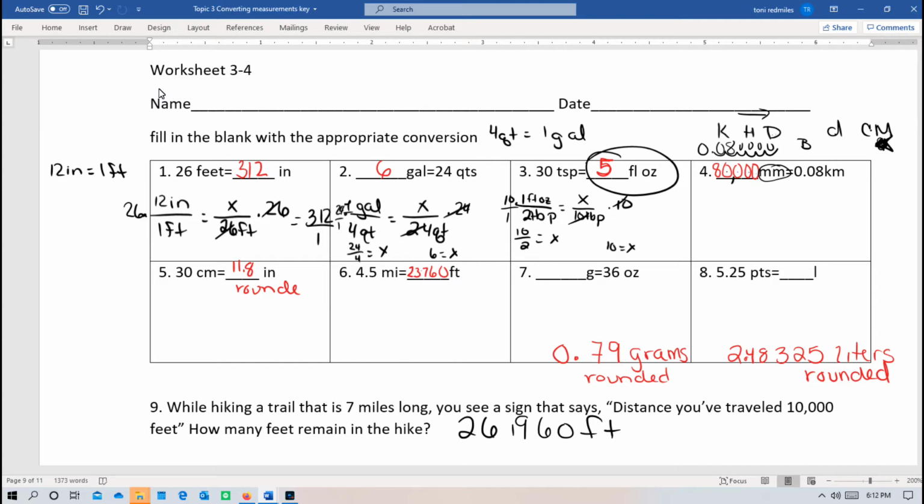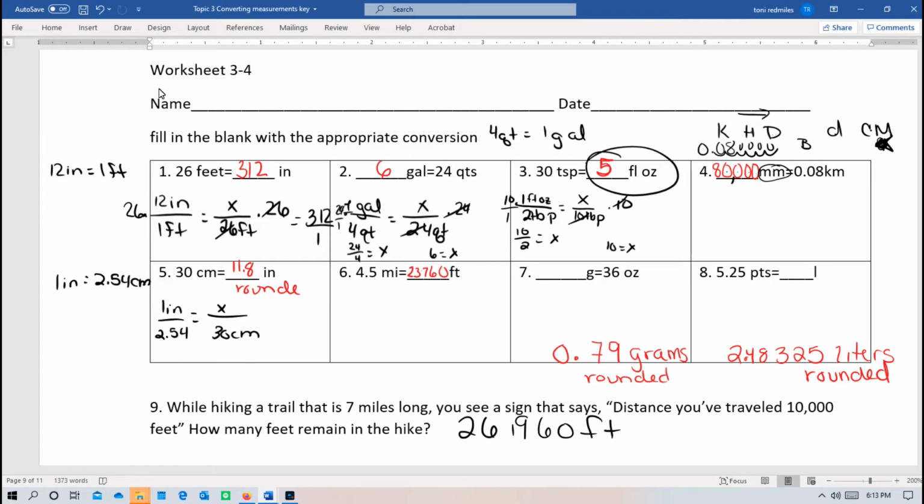All right, so I know that 1 inch equals 2.54 centimeters. And I want to know inches, so I'm going to put my inch on the top. And I know that I have 30 centimeters. How many inches is that? Okay, now you might have rounded your conversion slightly, the 2.54, and if you did, you probably got closer to 12.